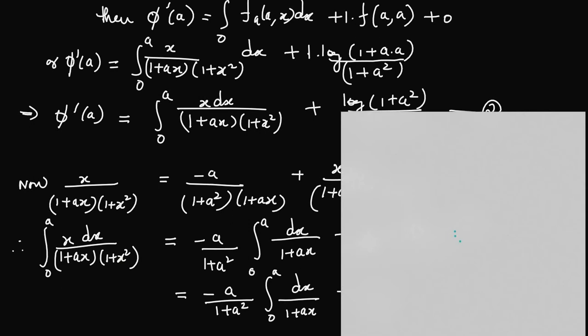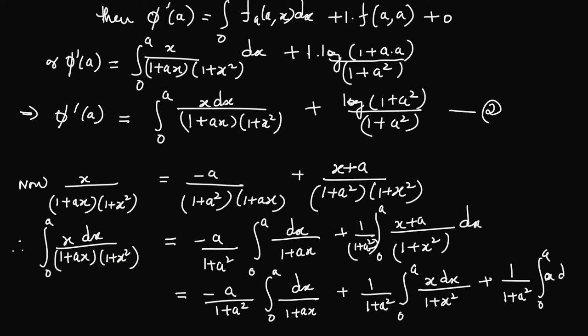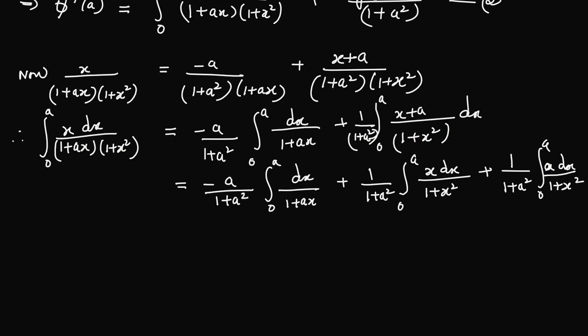So I can write that one as integral 0 to a, here also integral 0 to a, x dx divided by 1 plus x square, plus 1 by 1 plus a square, integral 0 to a, a dx divided by 1 plus x square. I split this one into two parts. One is x upon this term plus dx plus a dx by 1 plus a square into 1 plus x square. So let us find out what will be the integral of these three terms here.